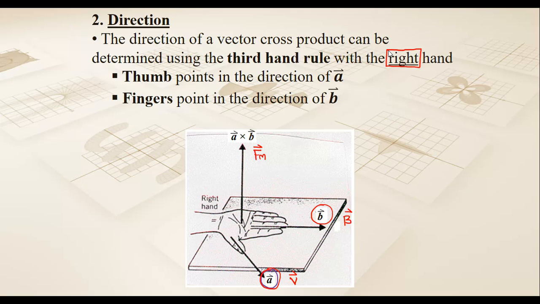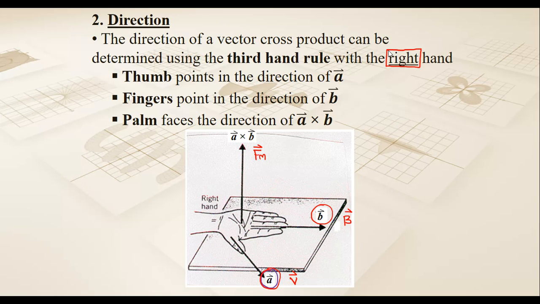And then the cross product of vector A times vector B: if I wanted to know its direction, it'd be the direction my open palm would face using the third hand rule with the right hand.